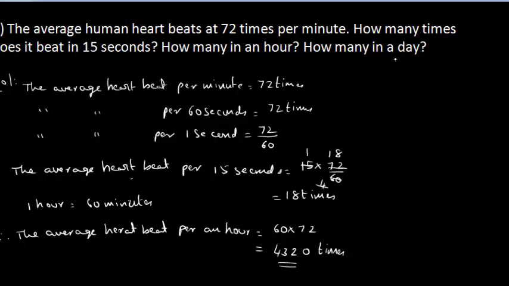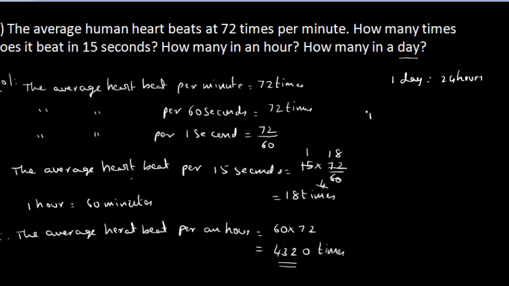We know that a day has 24 hours. 1 day equal to 24 hours. We already know the average heartbeat per hour is 4320 times.